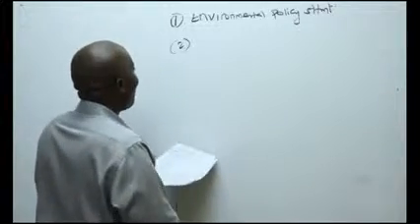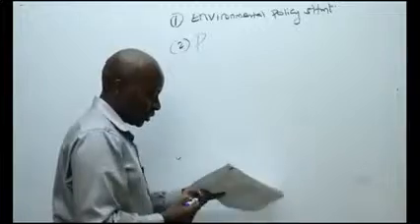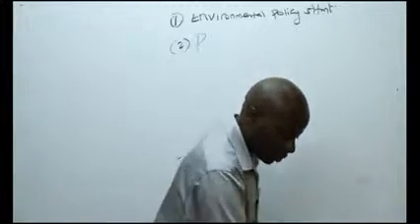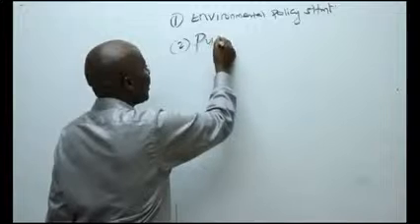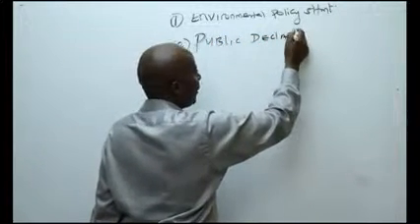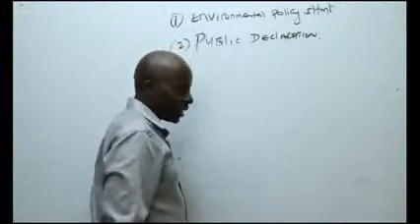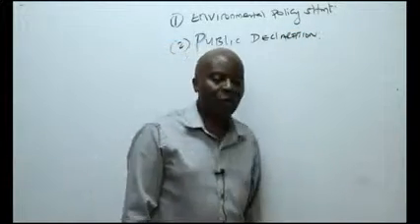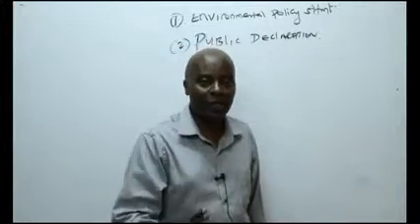Number 2, public declaration. And remember, the kind of public declaration that we're talking about is not the one where you go outside and call so many media houses and start telling them that we are so good.